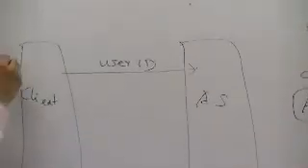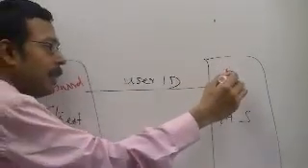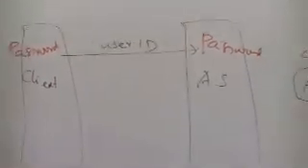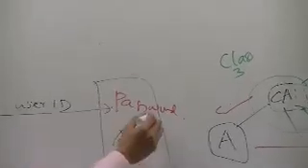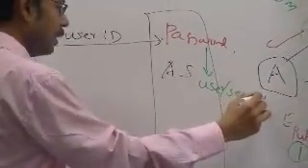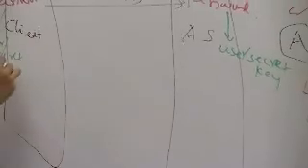So the implicit assumption is what? Both sides know the password. So I can derive locally the user secret key from the password.